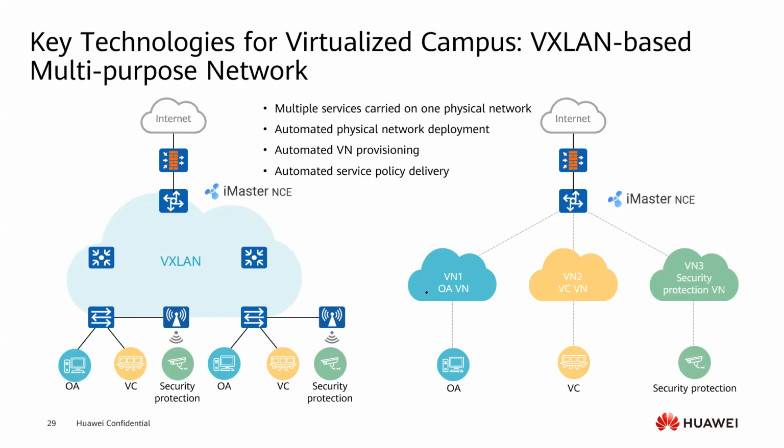For example, OA and security protection: different users belong to different VNs, and they can only send traffic to their specific VNs, so they are isolated from each other. If you want communication between different VNs, you need to do some policy configuration.